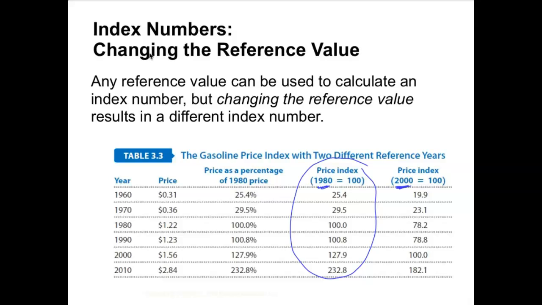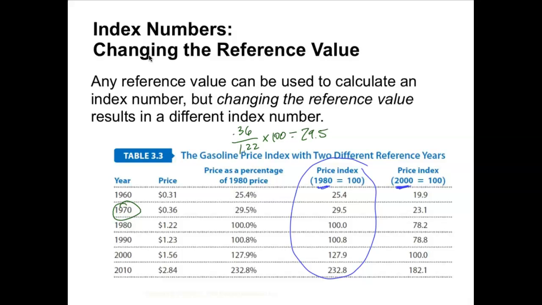So let's just look at a particular year. Let's look at 1970. If I use 1980 as my reference value, then to compute the index, I would do 0.36 divided by 1.22 times 100. And we end up with 29.5 as our index number.